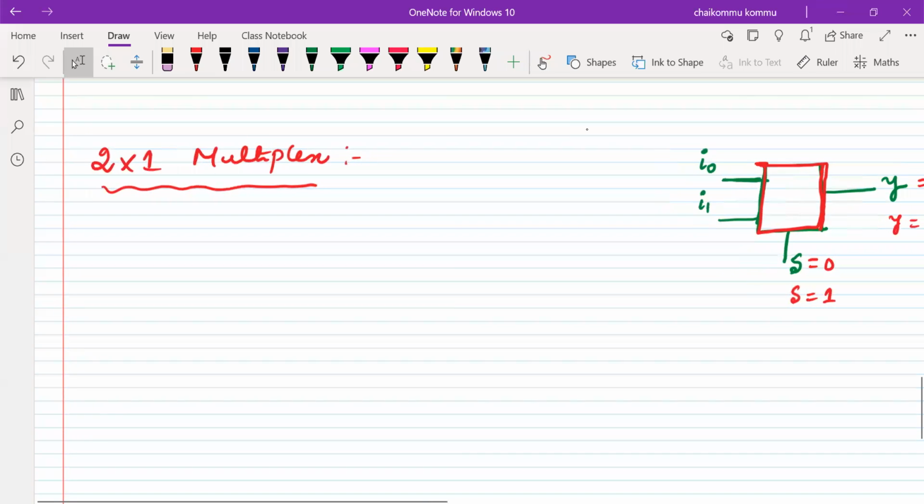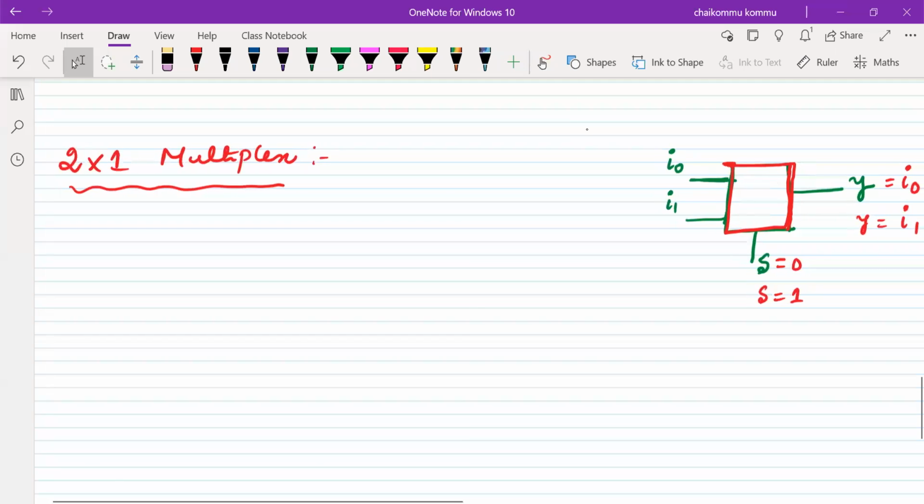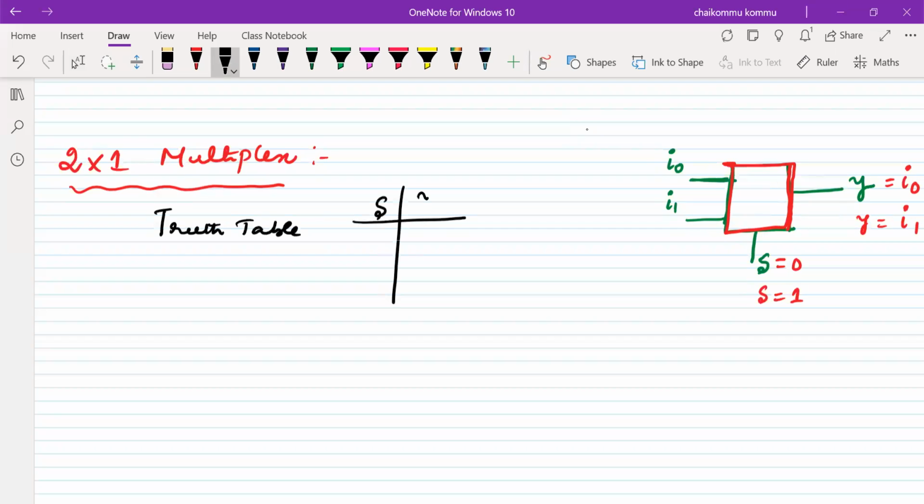So how do we generate the logical diagram, the gate-level circuit for this one? First, we should know the truth table. So from the truth table only, we need to generate. So based on S, we will generate Y signal. So if it is 0, I0 will be selected, 1 means I1 will be selected.